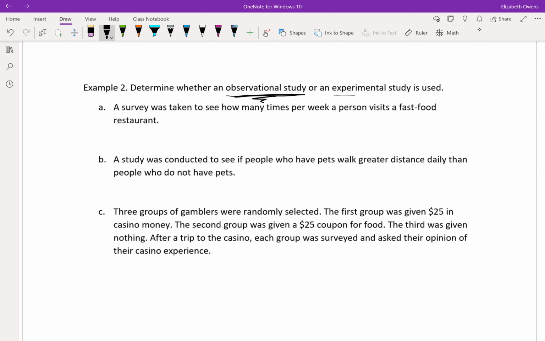In experimental studies, we are trying to manipulate variables to look for cause and effect. In this first description, there is no manipulation of variables being mentioned. We're not going to take away a person's refrigerator and see how often they visit a fast food restaurant or something. It's just how many times do they go? So this would be an observational study.